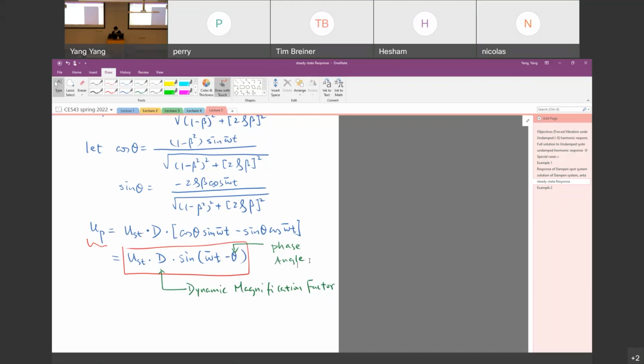So for engineers, we are very interested in the maximum displacement of the system.